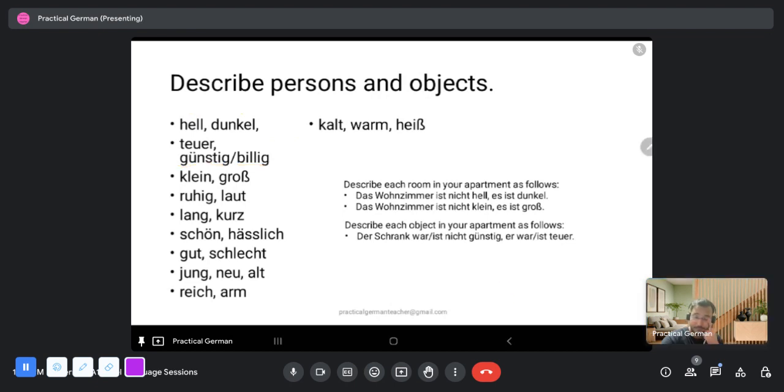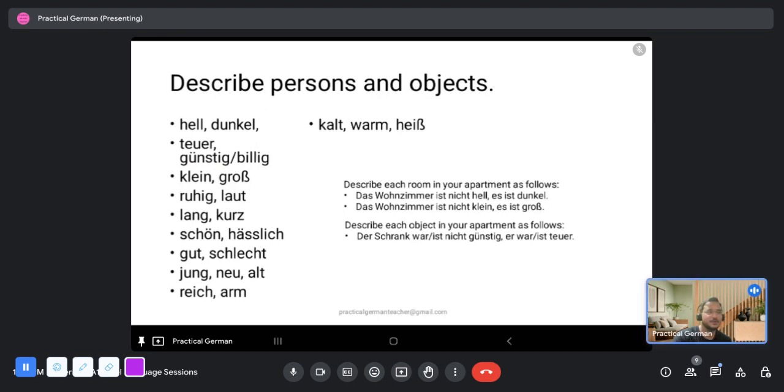Klein, groß. Small, big. Then ruhig, loud. Sorry, this I don't know. Ruhig, silent, like quiet, not loud.